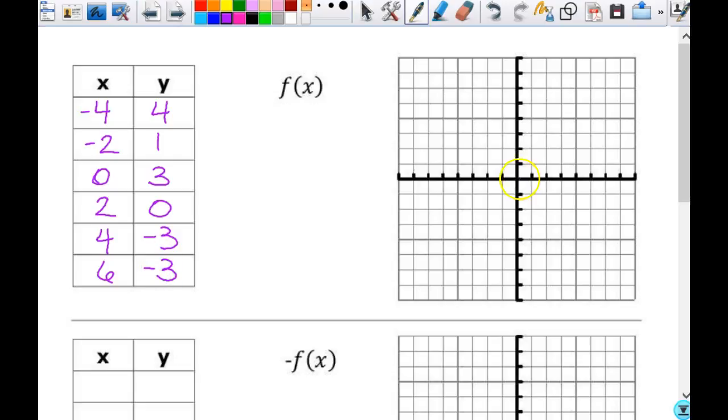So we're just going to plot those same points again because I wanted you to be able to see it with everything else. -2, 1, 0, 3, 2, 0.